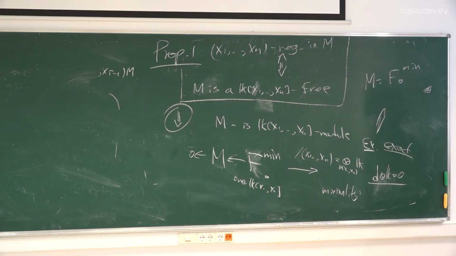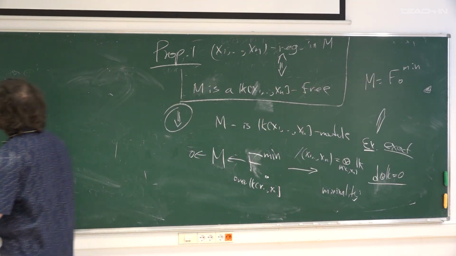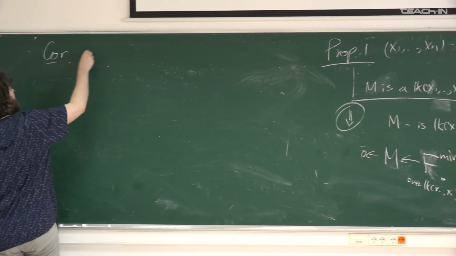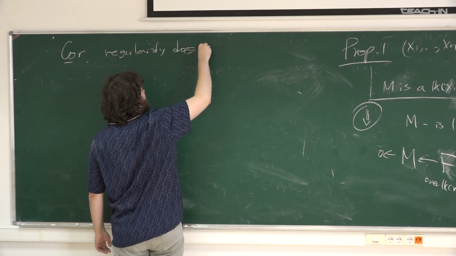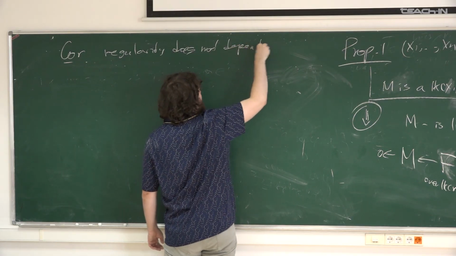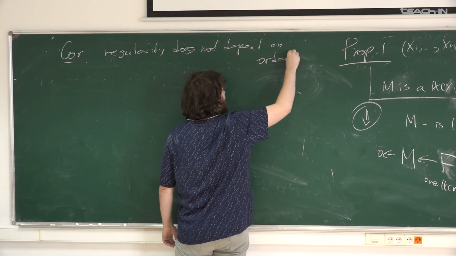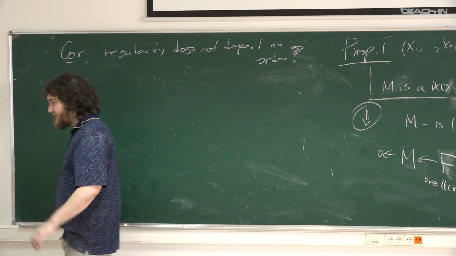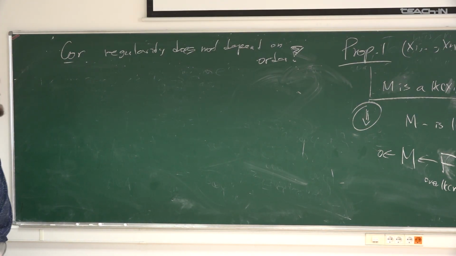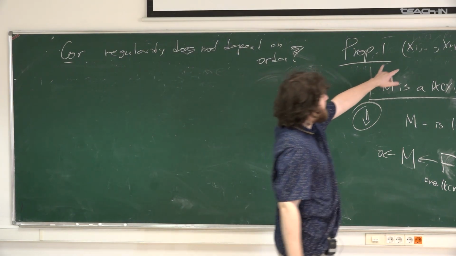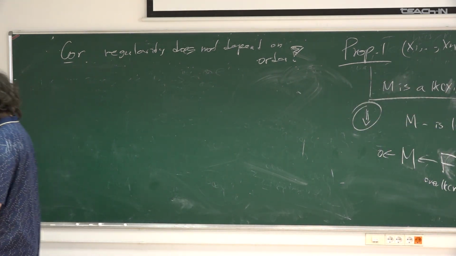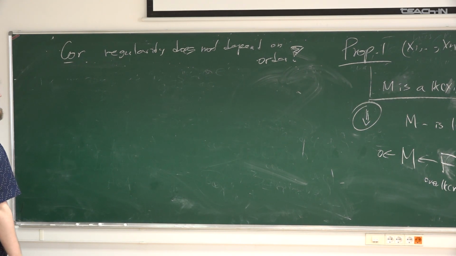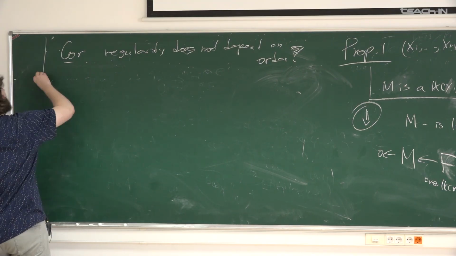So in fact, we obtain an important corollary: regularity does not depend on order. It's not true in general, but under our assumption of homogeneous elements of positive degree in the graded situation, it's true. It's also true in the local situation. In general, it's not true.